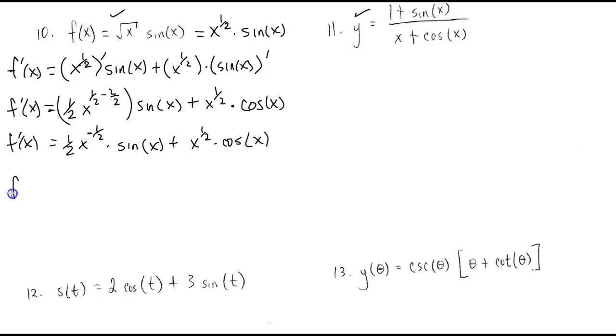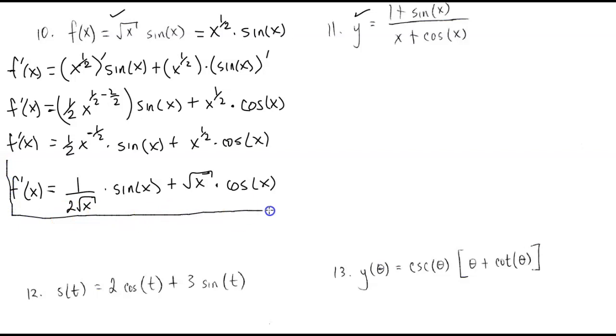And so from here, since we were given our problem in root form, we will translate it back in root form. And we see that our final answer ends up just being 1 divided by 2 times square root of x times sine. Or if you wanted, you could just put sine x over 2 times square root of x plus square root of x times cosine of x.